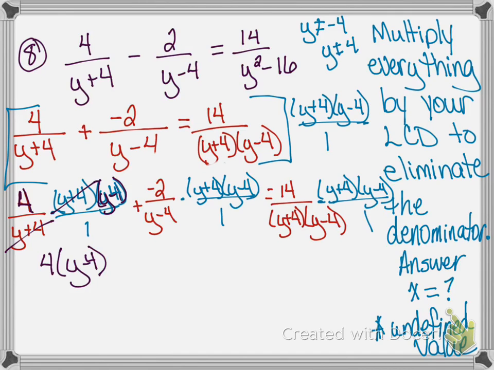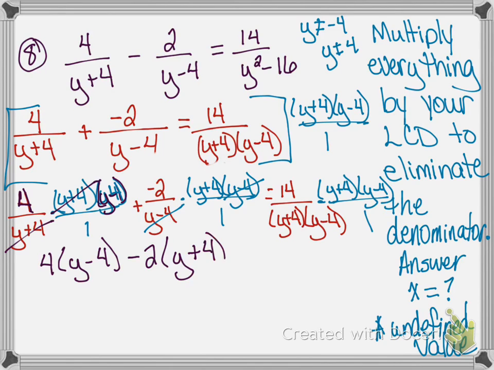Here I've got y minus 4 and y minus 4. So now I'm left with negative 2 times y plus 4. Students sometimes forget to distribute that negative 2, and that causes a problem. So be sure you distribute that negative 2.